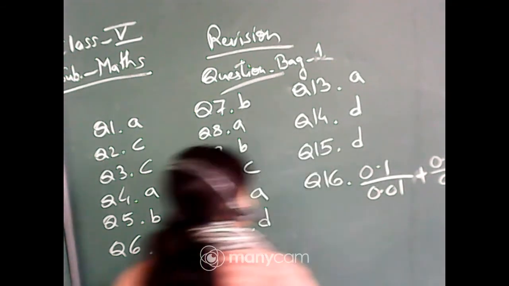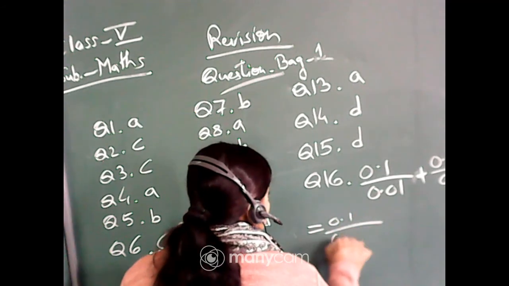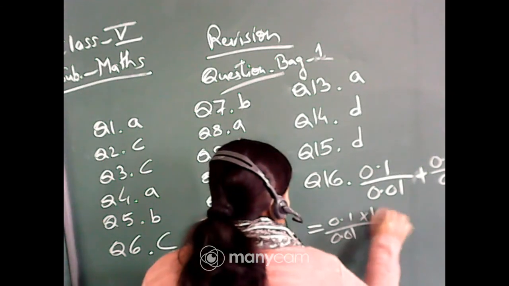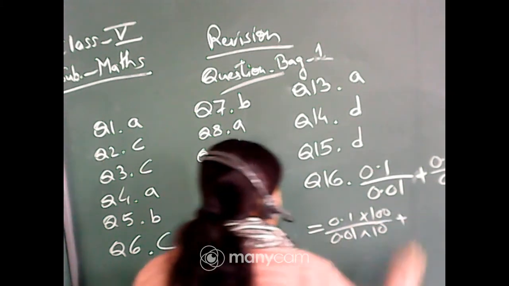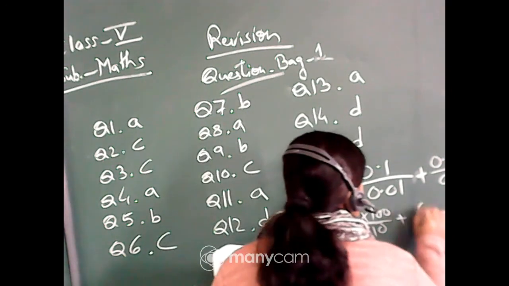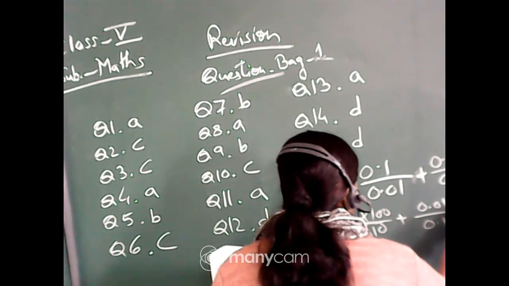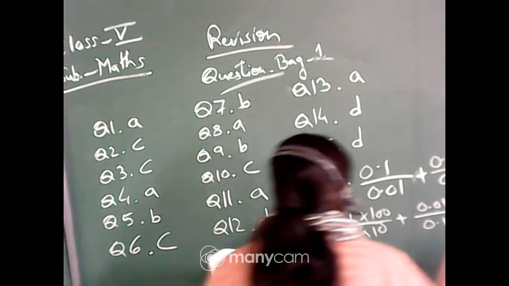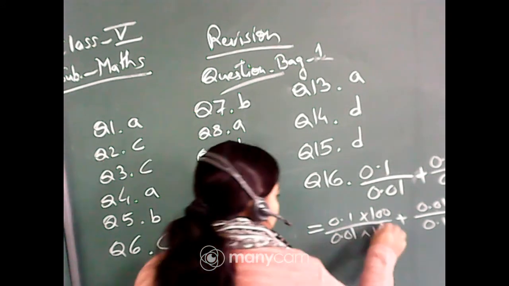Let us move the points. The first is to be multiplied by 2 zeros, and this is to be multiplied by only one digit, that is 10. Obviously when you are multiplying by 1, the number will be the same, so cancel the zeros.